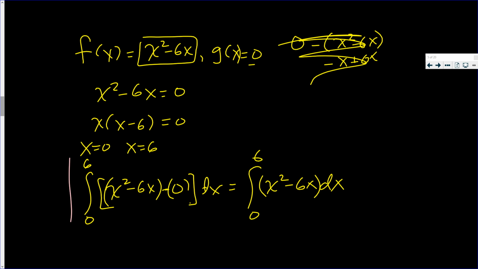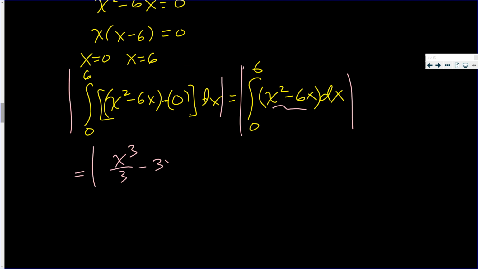This antiderivative is x cubed over 3 minus 3x squared. And this gets evaluated from 0 to 6. So I get 6 cubed over 3 minus 3 times 6 squared. And I hope it's clear that when you plug in 0, you're going to get 0. Make sure that's positive.